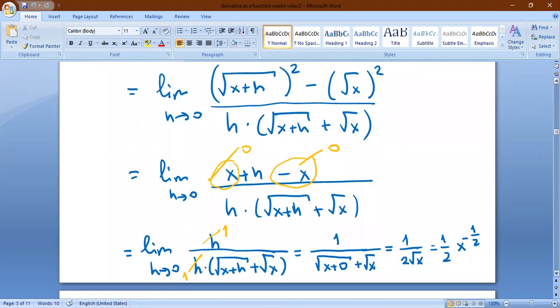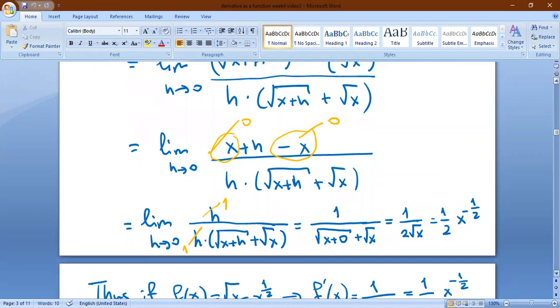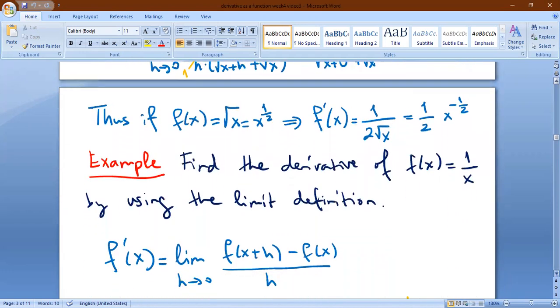Then we have h on the top, h on the bottom. We can also simplify those h's. And then if we take the limit as h goes to 0, we will have 1 over 2 times square root of x, which can also be written as 1 over 2 times x to the minus 1 over 2.